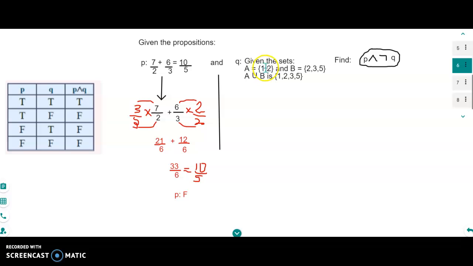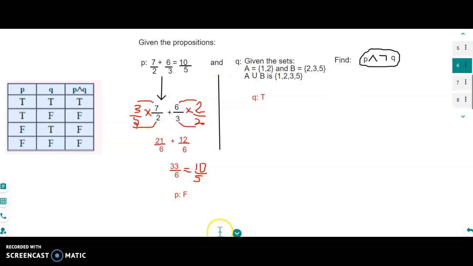So we have 1, 2, 3, and 5, they are here, 1, 2, 3, and 5. So this is completely true because A union B is this set. It's correct. So the truth value for Q will be true.